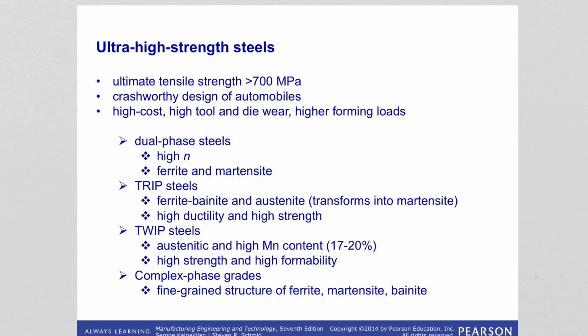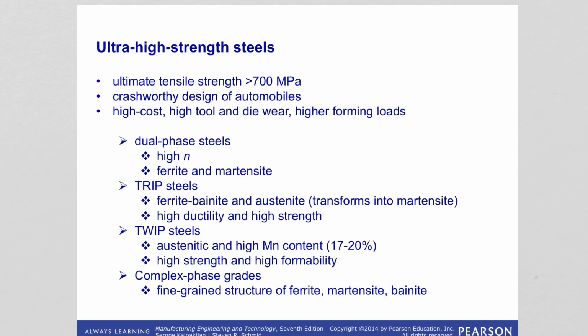These usually have applications for crash-worthy design of automobiles. And of course the drawbacks are higher costs and higher tool and die wear, because they are very strong, right? Shaping them will cause a lot of wear in the tools and dies, and of course higher forming loads, which economically is not something desirable.